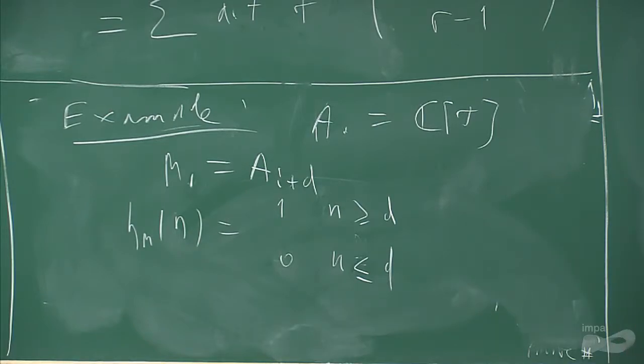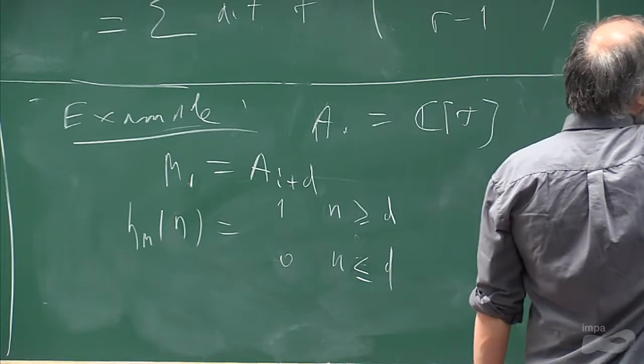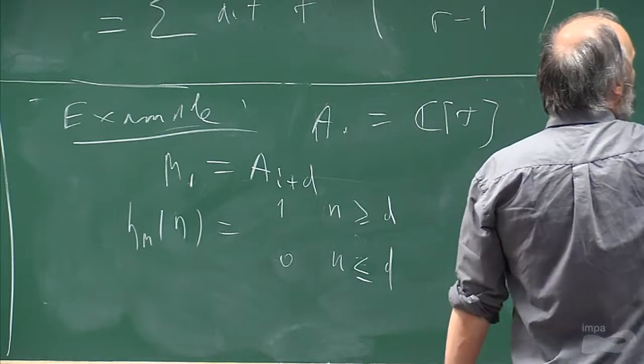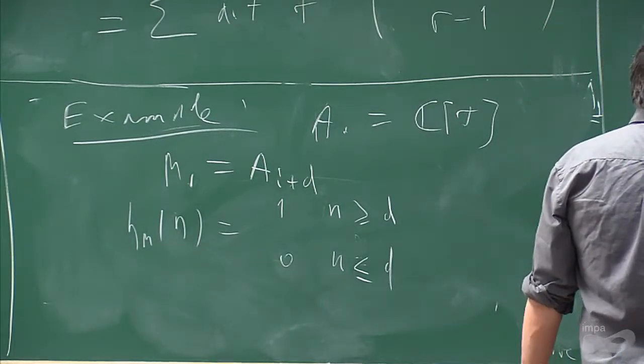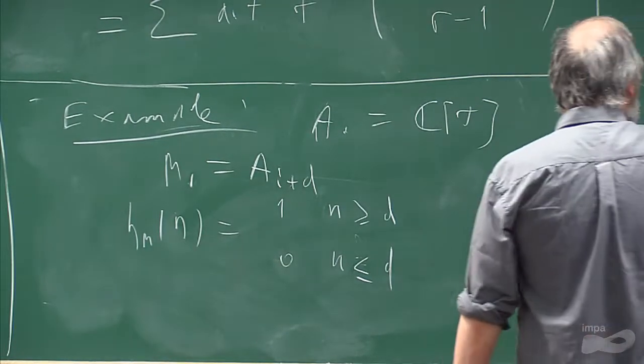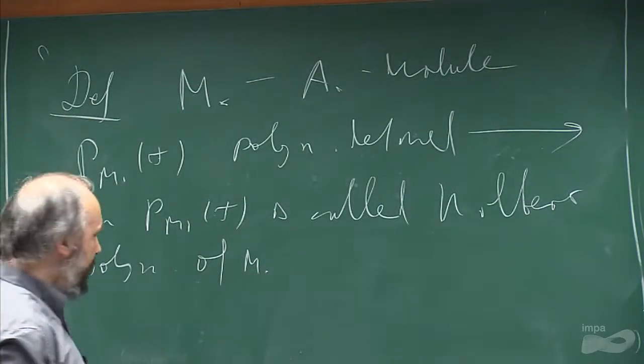Then P_{M star}(t), the polynomial defined in this theorem, is called the Hilbert polynomial of M star.